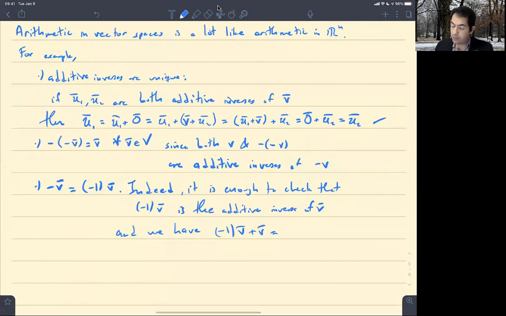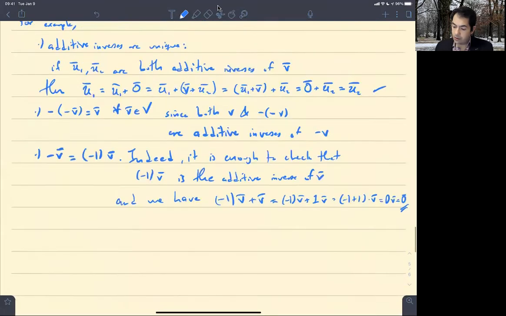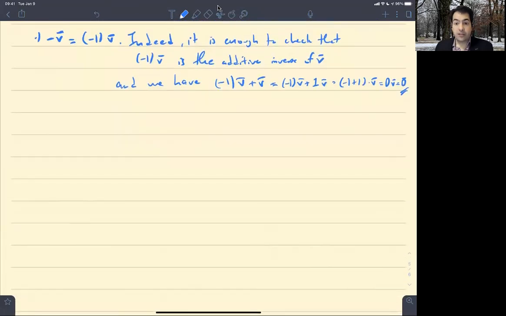But we already know directly from the definition that any v is equal to 1 times v. So I can write this as minus 1v plus 1v. And then I can use the distributive property to write that as minus 1 plus 1 times v. And that's 0 times v, and that's 0. So that checks that. This is assuming that you've already shown that 0 times the vector v is the vector 0. I'll let you check that one.